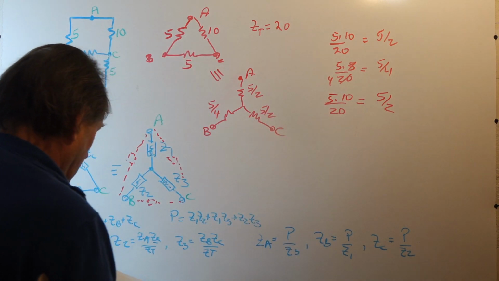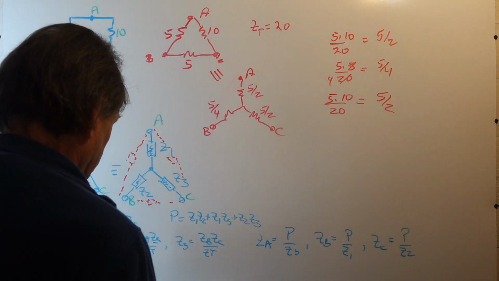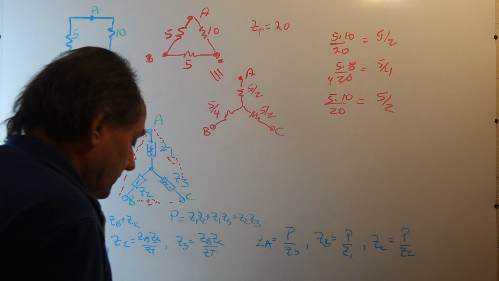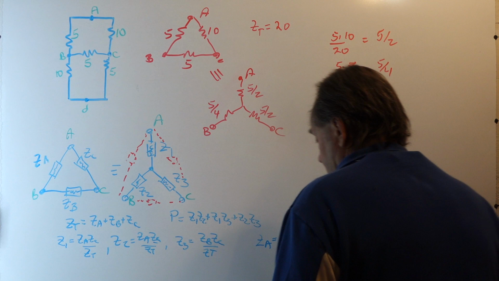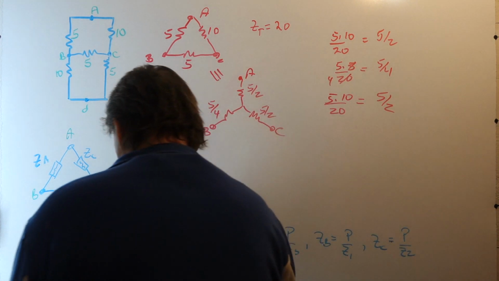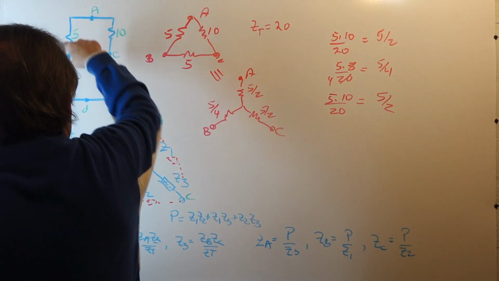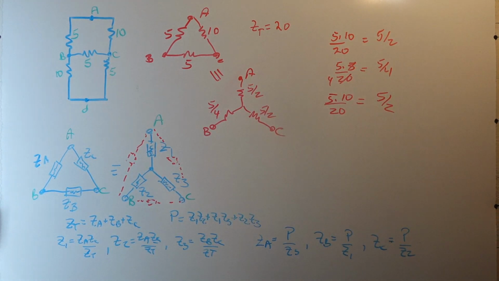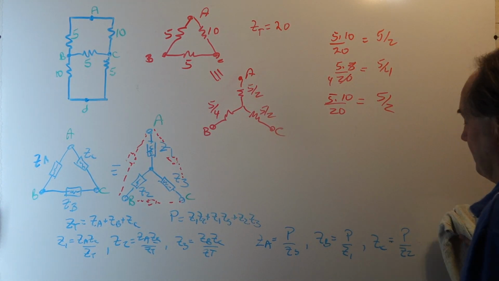So that's our equivalent Y for this particular network. Now, what we're going to do here is replace this portion of the network, which is a delta connection, and represent it as a Y.